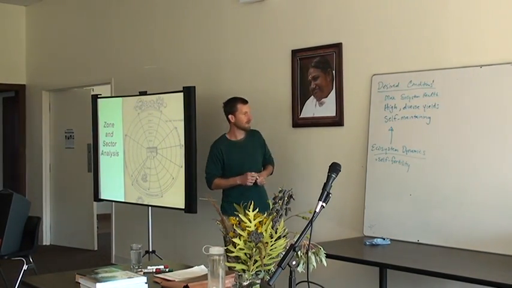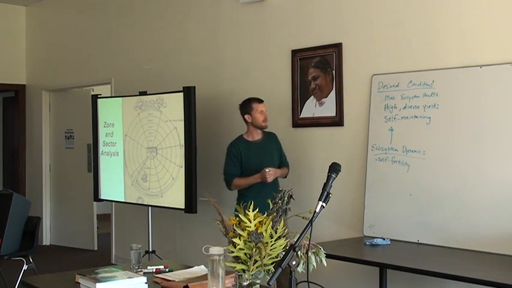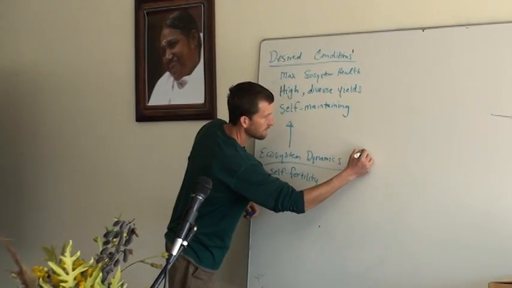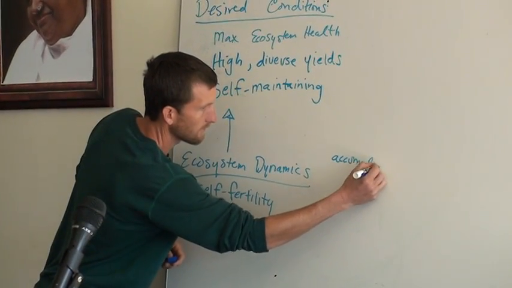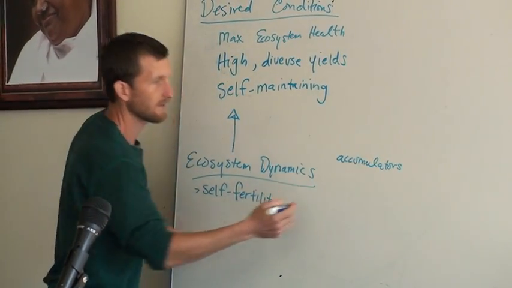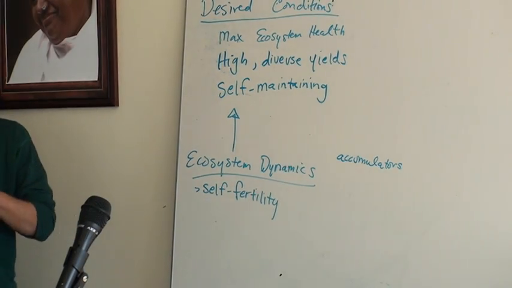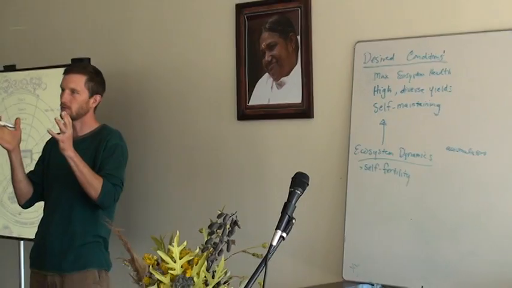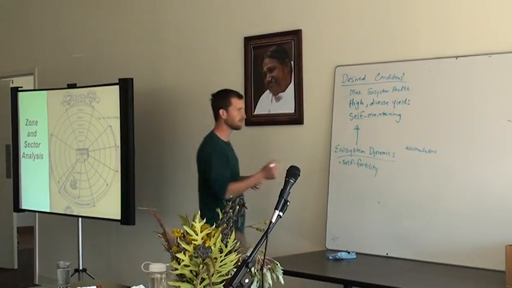And you have another type of plants called accumulators or dynamic accumulators. These are plants that have really deep tap roots and really leafy vegetation. One of the classic ones is comfrey.